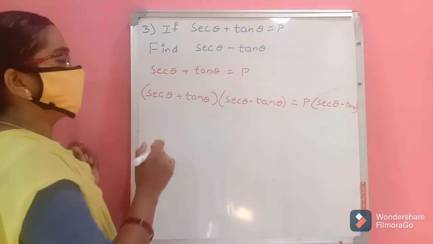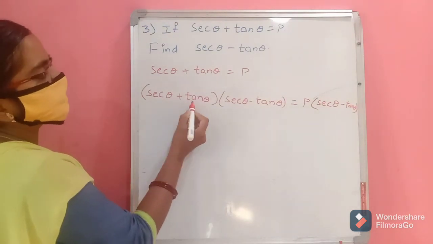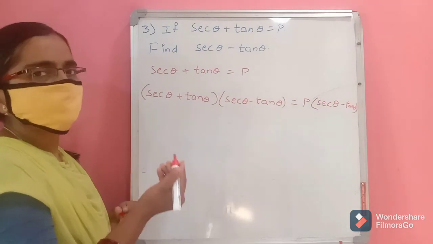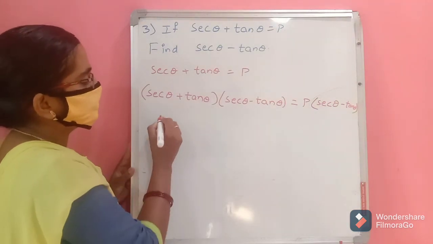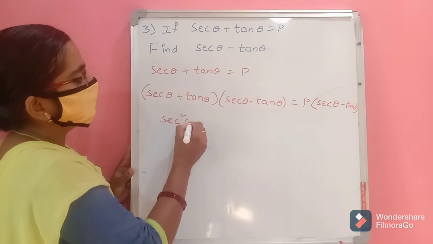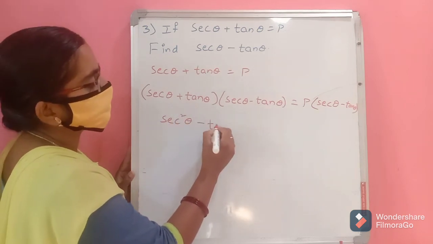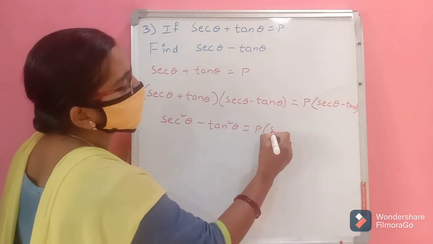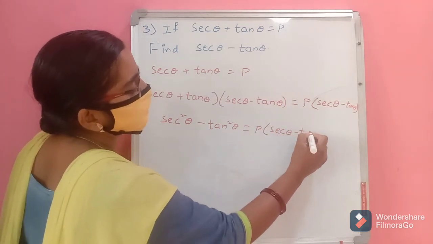Now, a plus b into a minus b is a square minus b square. So it is sec square theta minus tan square theta, which is equal to p into (sec theta minus tan theta).